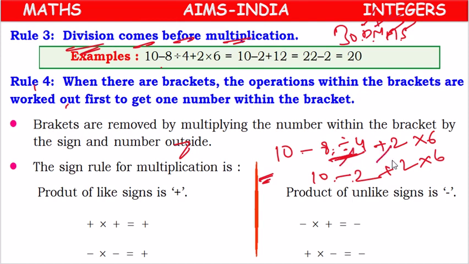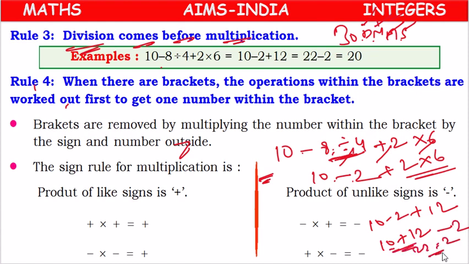Multiplication first: 2 times 6 is 12. Next, addition: 12 is to be written first. 10 plus 12 minus 2. 10 plus 12, 22, minus 2. So the answer is 20.